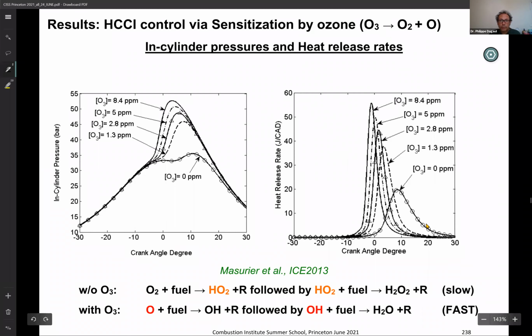And if we plot heat release rate as a function of crank angle, you see two effects. You get earlier ignition and more efficient ignition.